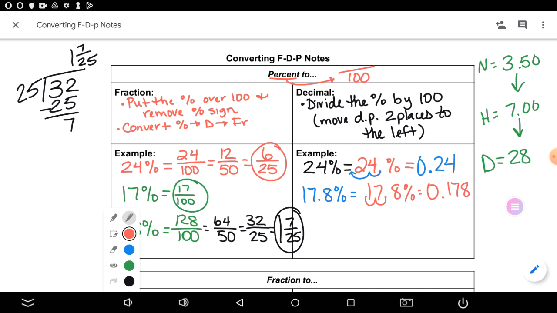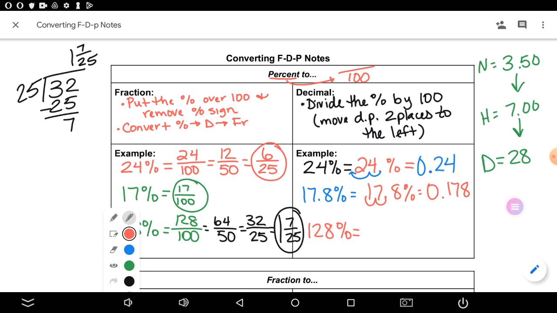Okay, let's do 128%. Brody, where is my decimal point in 128%? Behind the 2. Like right now, before I change it to a decimal. Who can answer that? Where is my decimal point?